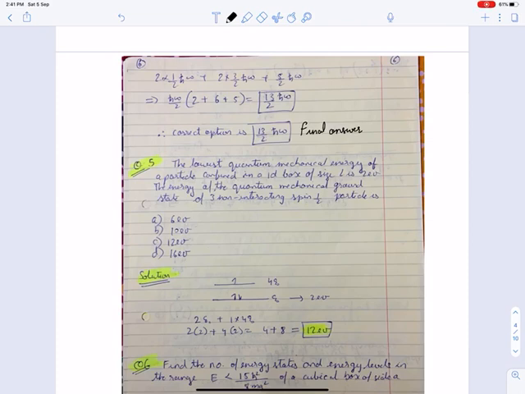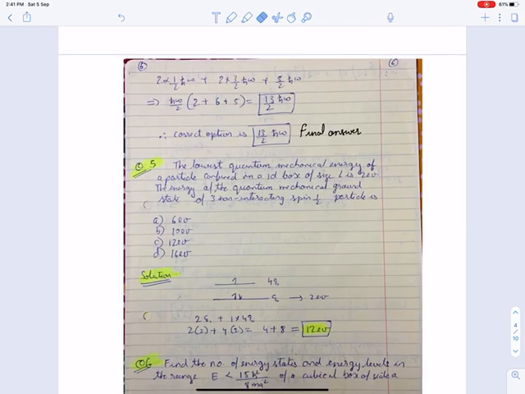Let's see what it means. We have a box from 0 to L. This is my n equal to 1, this is my n equal to 2.